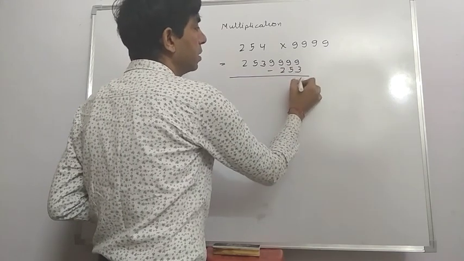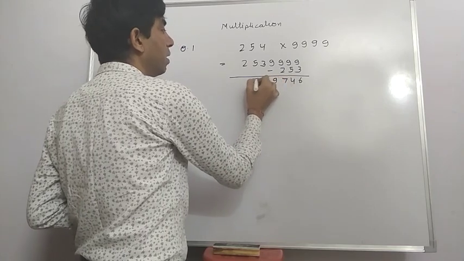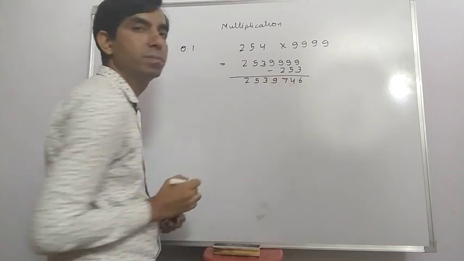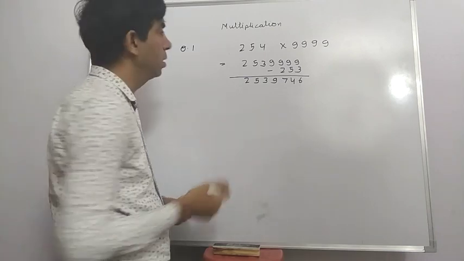Then the answer is 2 5 4 0 7 4 6, it is our solution. We multiplied easily.